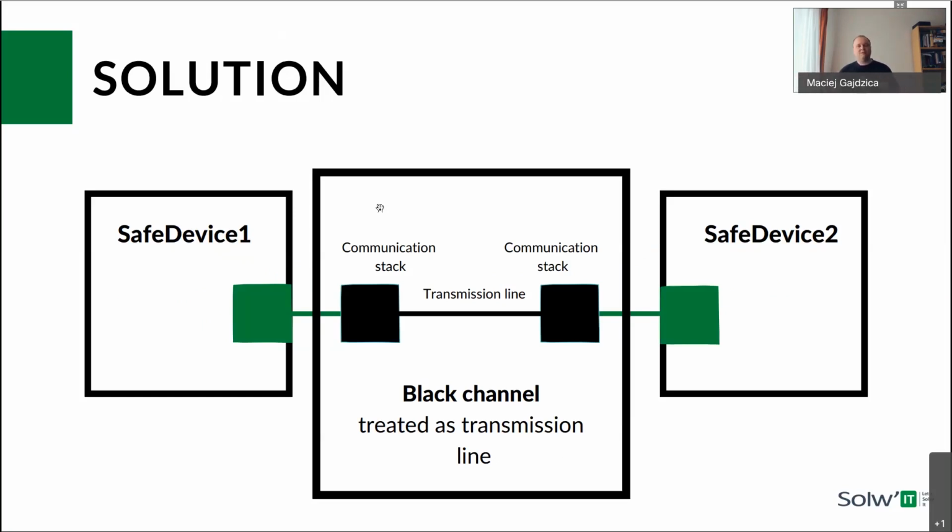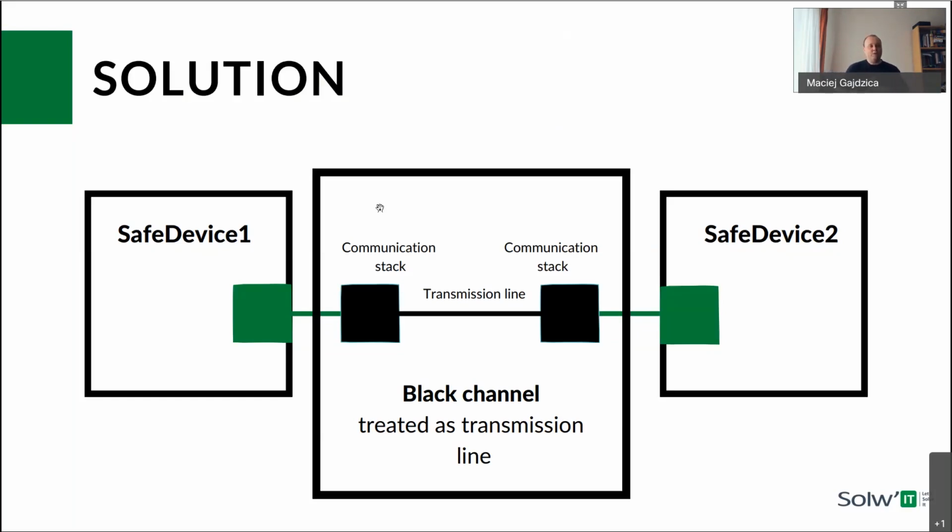And we can treat our communication processor as part of the transmission line. Really, we make this assumption with many other devices in Ethernet networks, because we have switches, we have routers, and we just treat them as transparent, as part of the network.